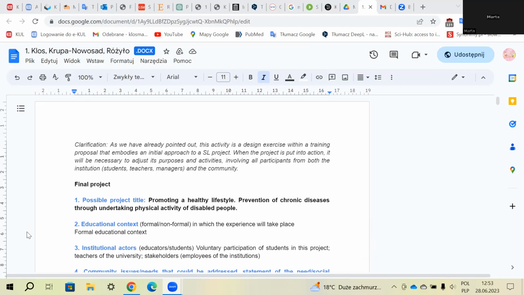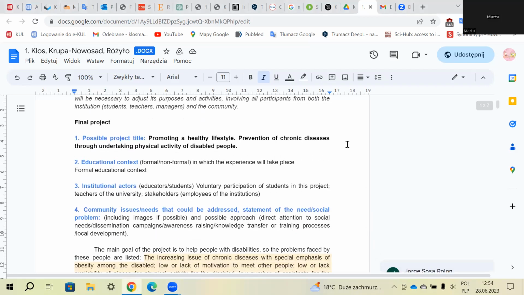We have the title of our project: promoting a healthy lifestyle and prevention of chronic diseases through undertaking physical activity by disabled people. So the group we want to work with is disabled people. Mainly we want adults, 18 plus, because if we took children, we would have other stakeholders, their parents.